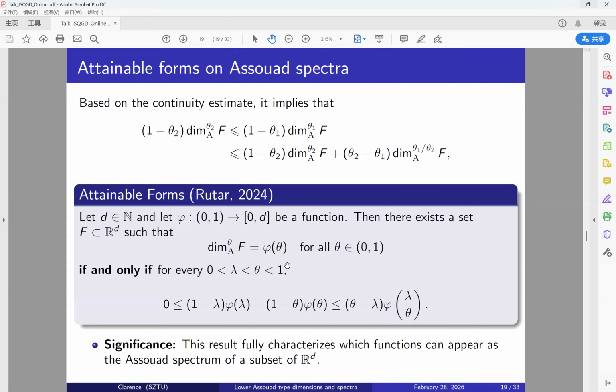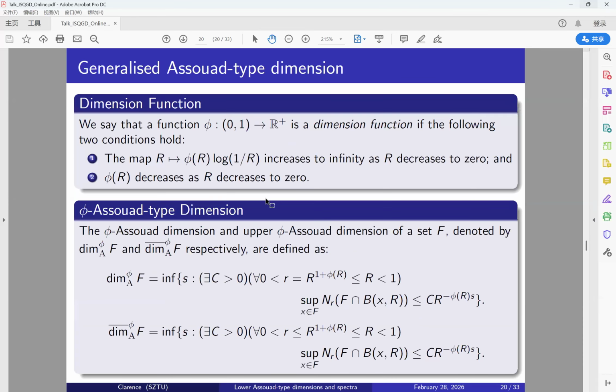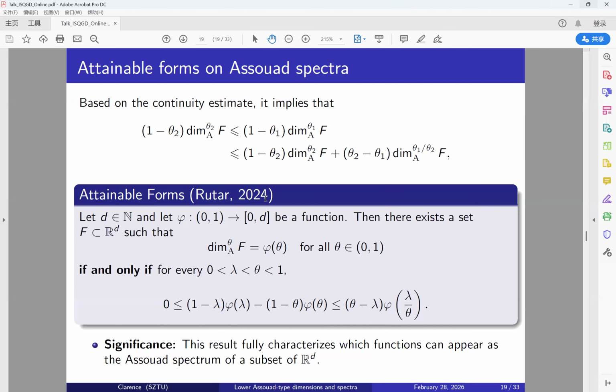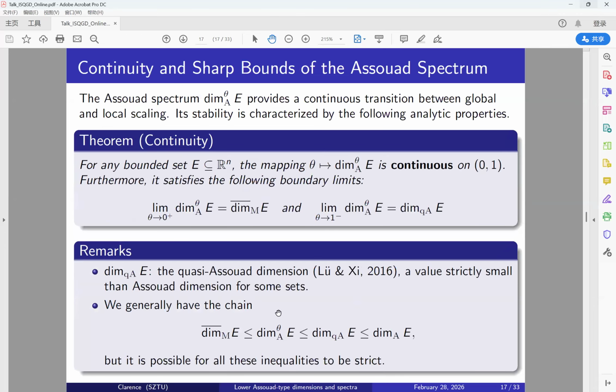Moreover, if we are given a set and consider its Assouad spectrum, it naturally satisfies these inequalities. Moreover, the Assouad spectrum ranges from the upper box dimension to the quasi-Assouad dimension, and the quasi-Assouad dimension can be strictly smaller than the Assouad dimension.